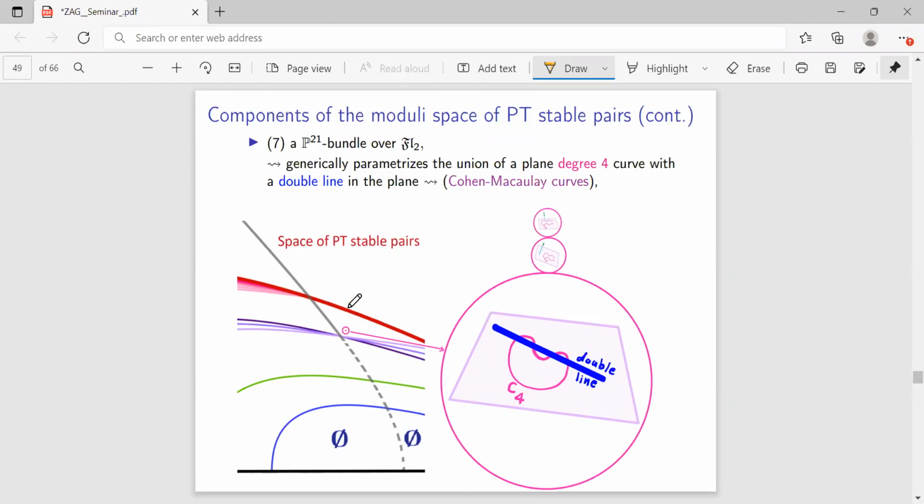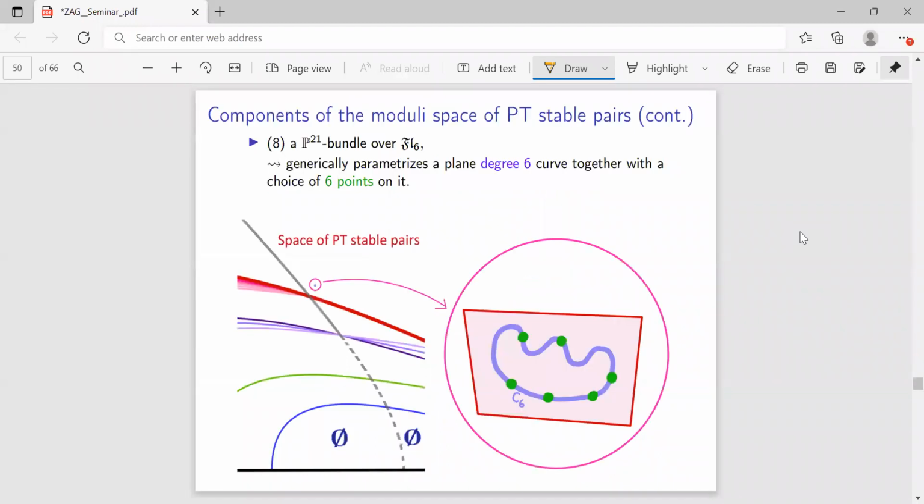Okay, and then we have one last wall for the PT stable pairs, which gives you one new component, which is this P21 bundle over FL6, which generically parameterizes a degree 6 plane curve together with 6 marked points. Okay, that was the last and eighth component of this space of stable pairs.